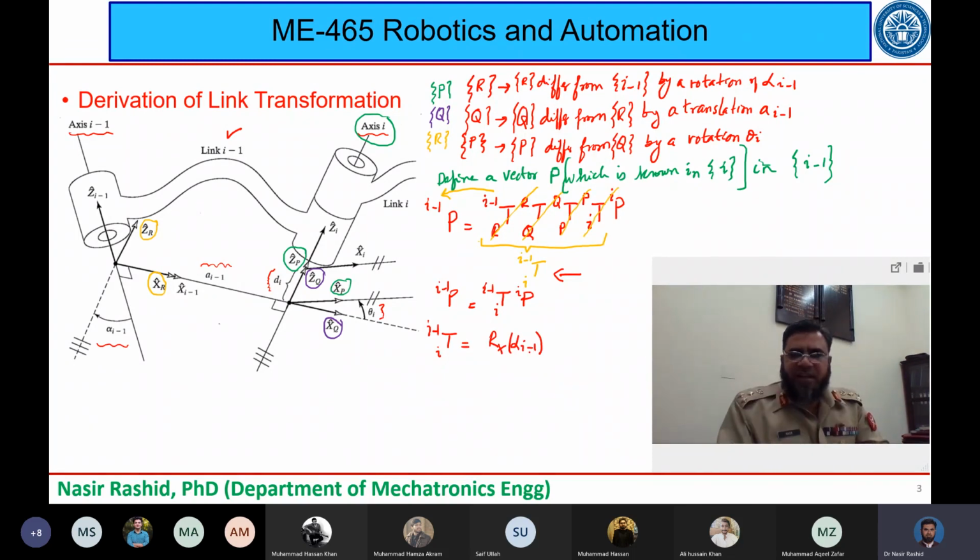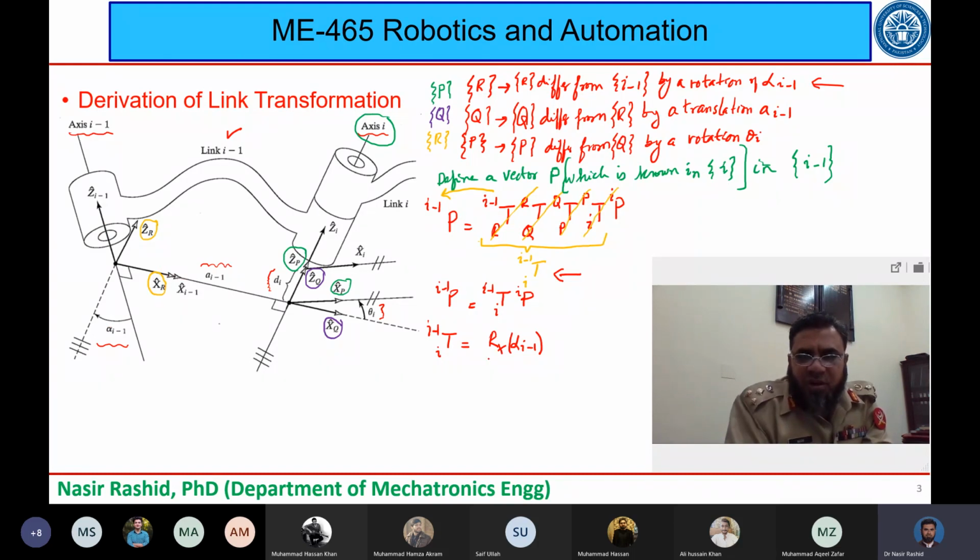Is it clear how I have written this? Does anyone have any doubts here? This is rotation about, sir, repeat. Okay, repeat. So this relationship between R and I minus 1, which I had written here, I can see in this transformation, the first transformation, which is the transformation of R with respect to I minus 1. This is actually a rotation of frame R with respect to frame I minus 1. And this rotation is given by an angle alpha I minus 1, and it is carried out around x.